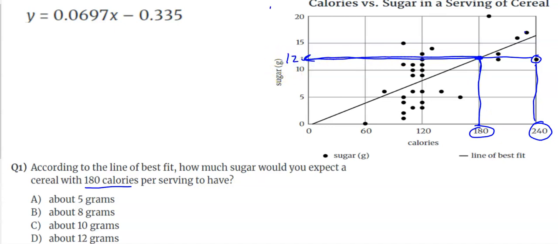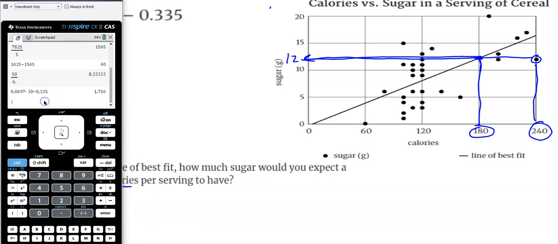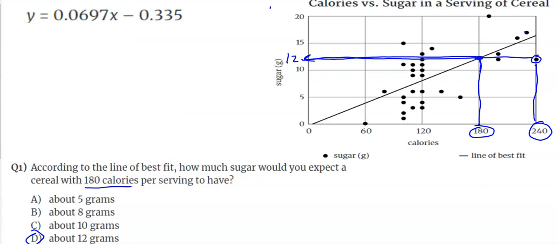I think about 12 would be a good answer. If you want to do that more exactly, you could use the calculator, and instead of plugging in 30 there, I would plug in 180 and get 12.211. So again, we're just plugging in a value for X. These are our X values, or our calories, and we're predicting the Y values.